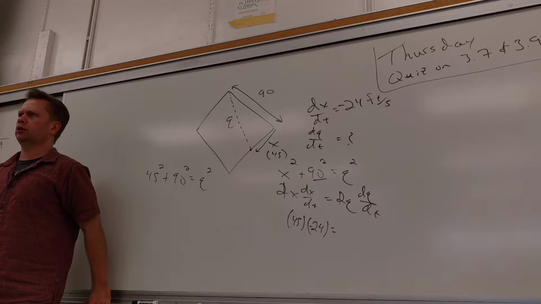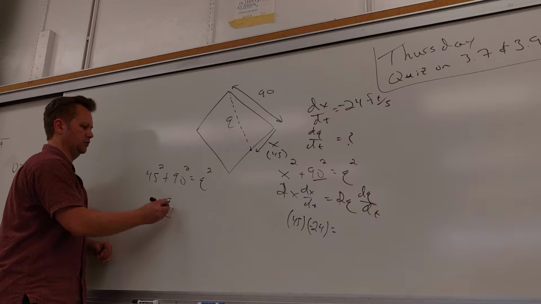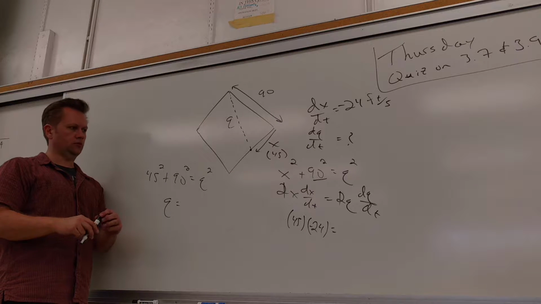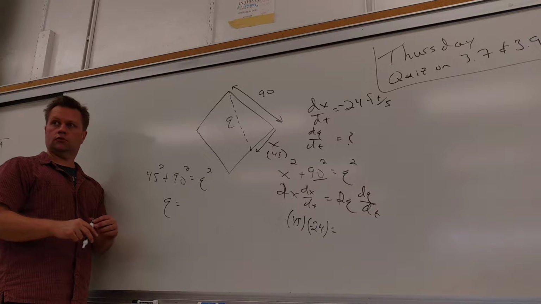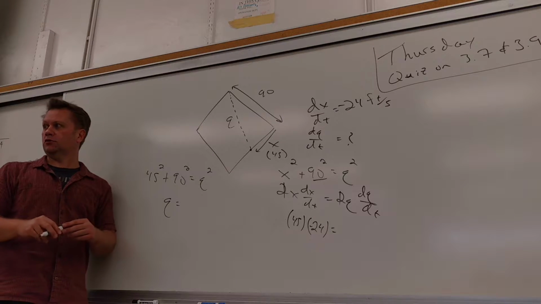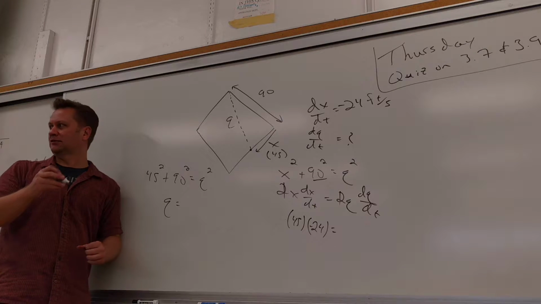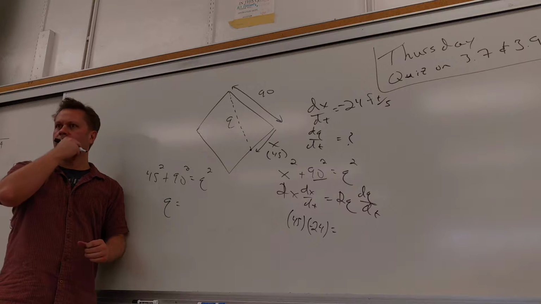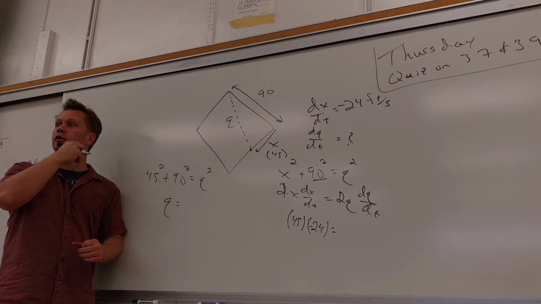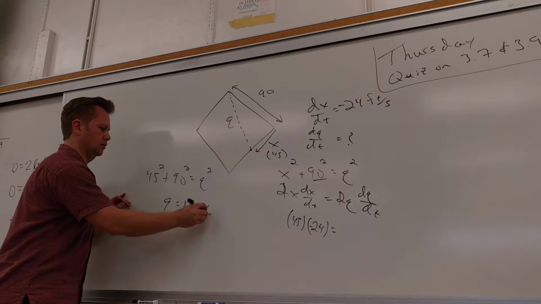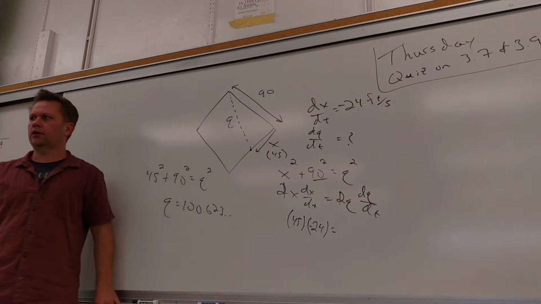Is that q or q squared? I'm pretty sure that's q squared. So it's q. Square root of that. 126,2305. Okay, I like it.